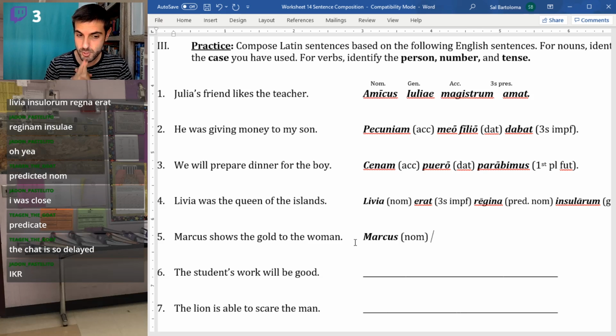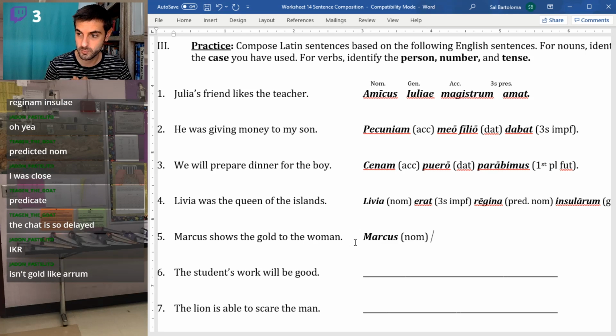Shows the gold. Shows is probably going to go at the end. So the gold is aurum, fantastic, and it's neuter. So the accusative is just also going to be aurum.